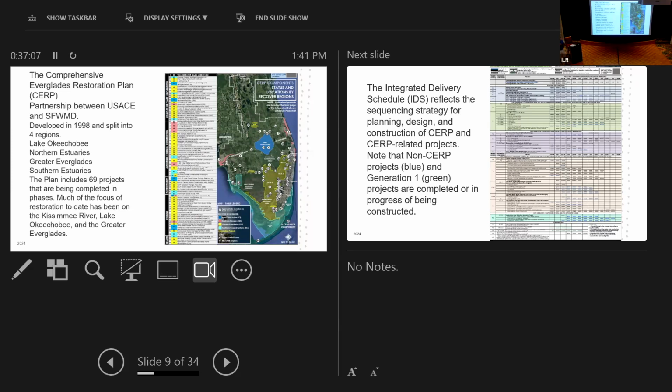And then the greater Everglades, trying to look at how to use the Everglades agricultural area and clean up the water there, get rid of the phosphorus in the water, and then also how to use the water conservation areas, because they're a nightmare. They turn the ridge and slough system into ponds.